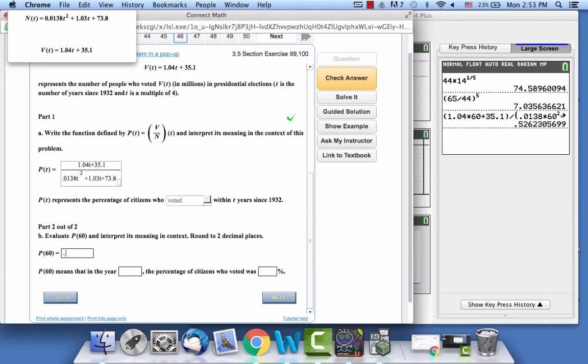P of 60 means it's within t years of 1932, so that's 1992, 60 years later. I was supposed to round to 2 decimals. The percentage of citizens who voted was 53.